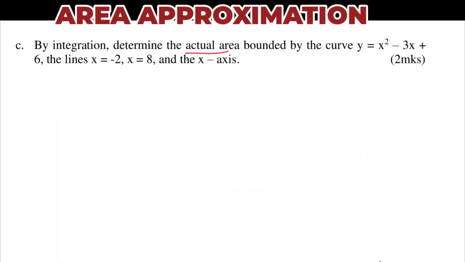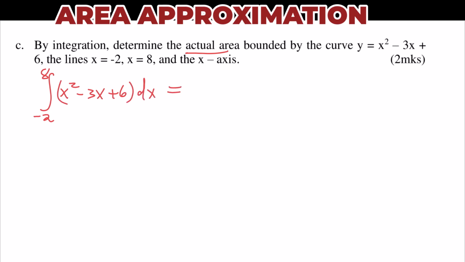So by integration, we shall integrate the function of this curve from -2 to 8 with respect to x. So this is x squared minus 3x plus 6 with respect to x.